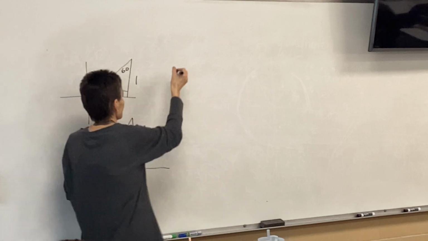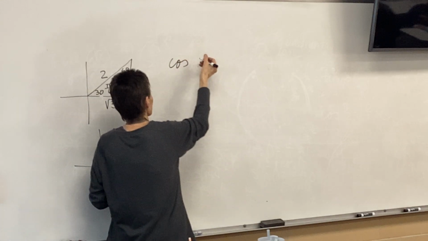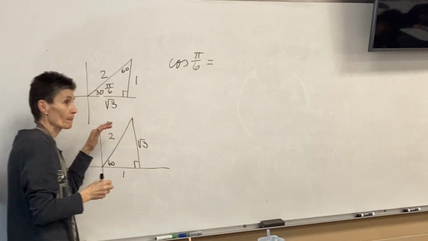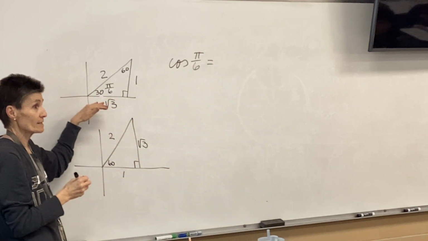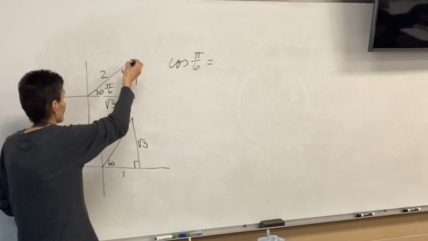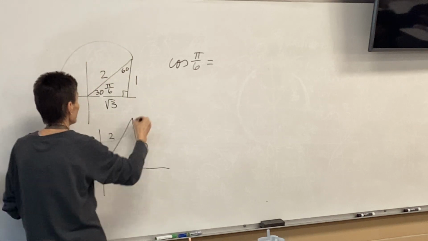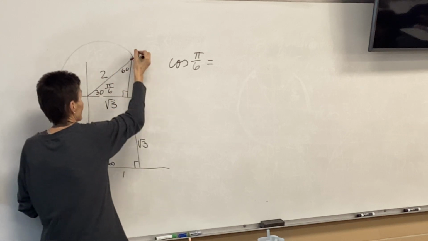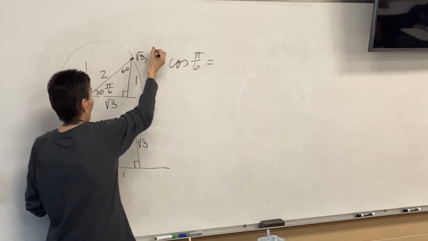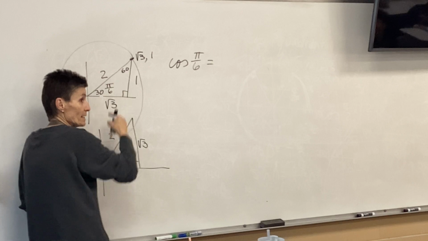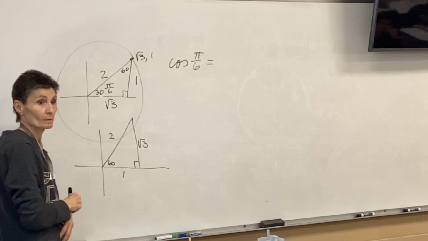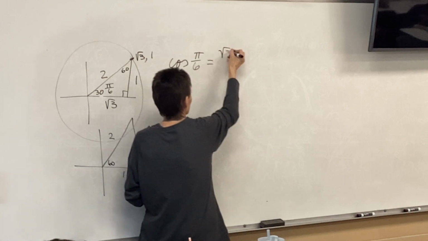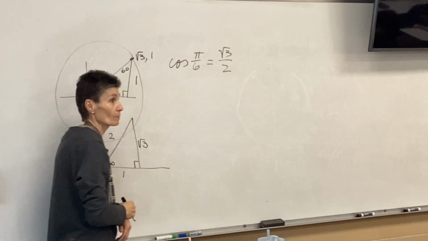So what if I said to you, tell me what the cosine of pi over 6 is? Well, this is easy. You can visualize a circle. X is root 3, y is 1, radius is 2, right? So cosine will be x over r, root 3 over 2.